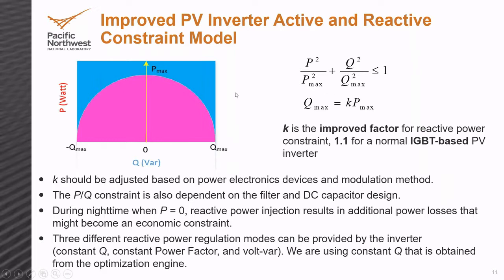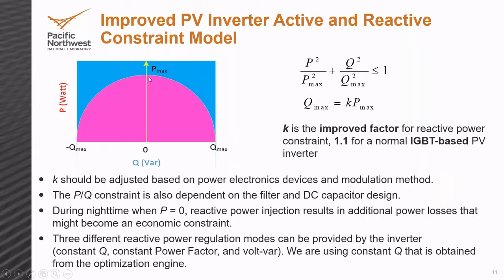This equation explains the relation, which is just giving you this circle boundary. So even during nighttime, when you are not producing any real power, as a smart inverter you can take a little bit of real power from the grid, and you can either absorb, which is minus Q here, or deliver reactive power, which is positive Q here.